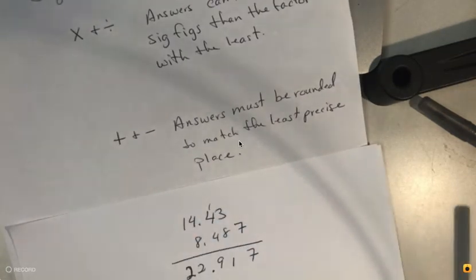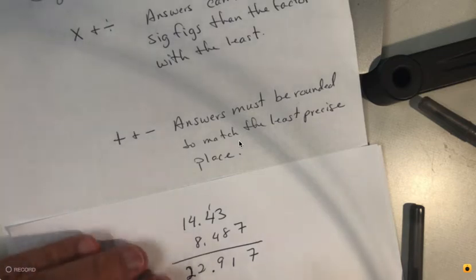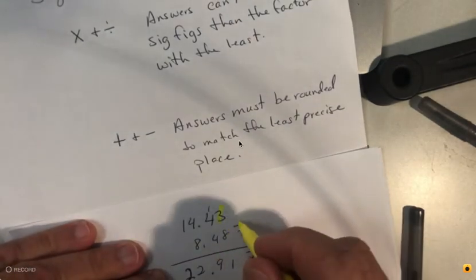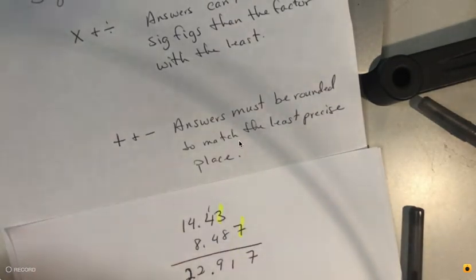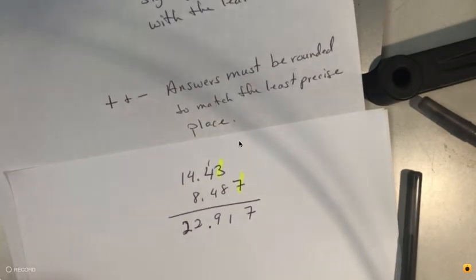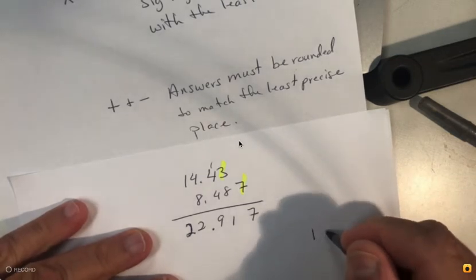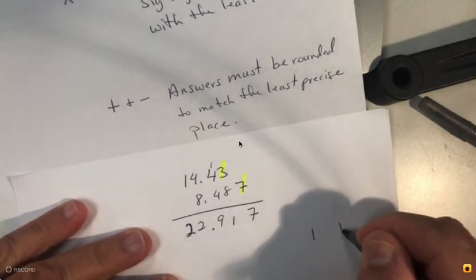So then the question becomes, which number is in the least precise place of those numbers that we added? So we're looking at the 3 compared to the 7. Well, the 3 is in the hundredths place, and the 7 is in the thousandths place. So if you're looking at a hundredth of a meter, it's about this long, just picking meters for example.